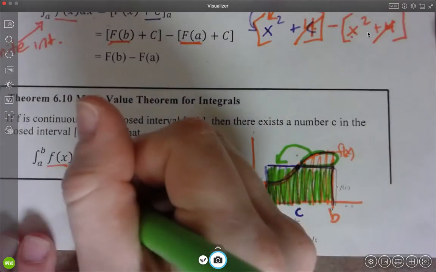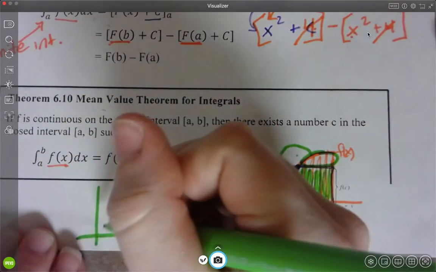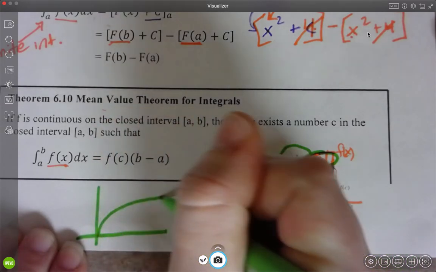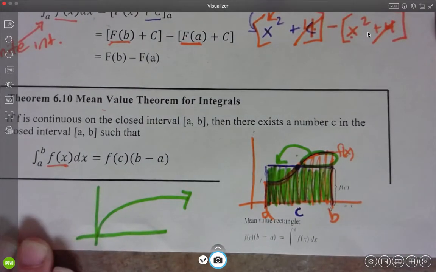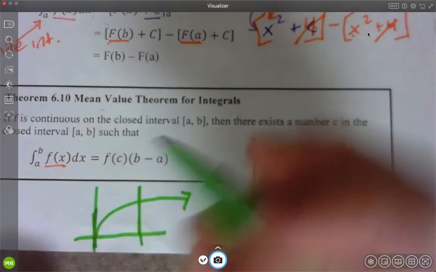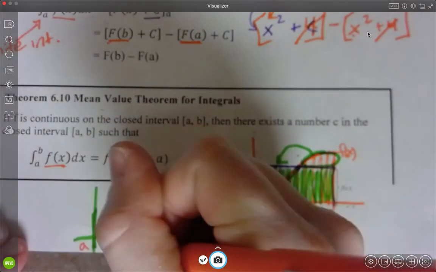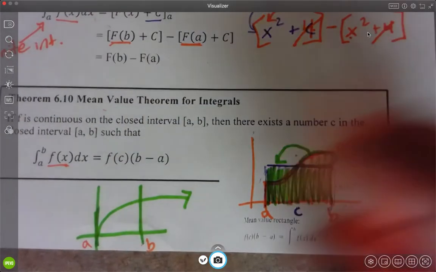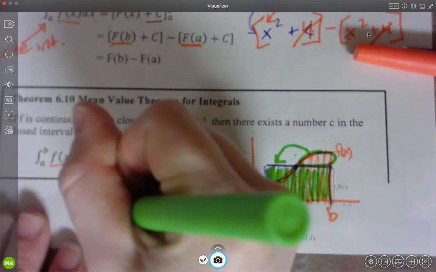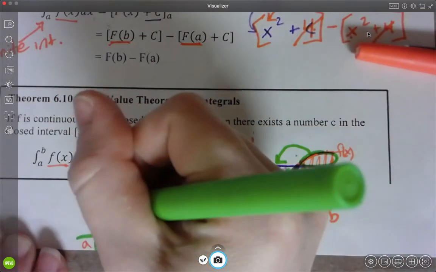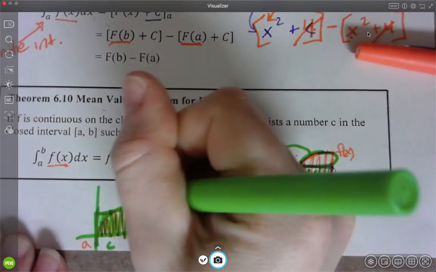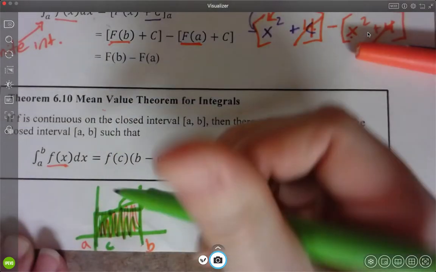To give you another example, let's say I had the curve of the square root of x, which kind of looks like this. If I'm looking at the area from A to B of the square root of x, and I want to know the area underneath this curve, what I might do is drop my C probably a little bit closer to A, because as soon as I section that off and make this box right here, this area, even though it's longer, is made up over here.